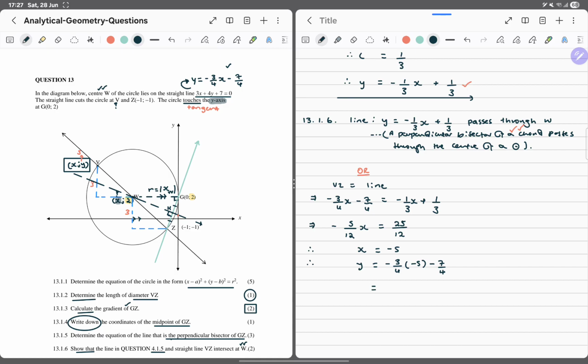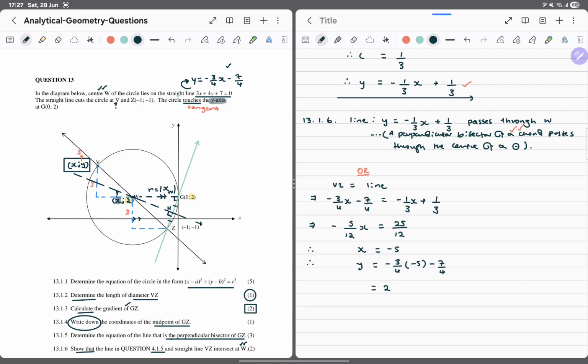Now this becomes 15 over 4. Now 15 minus 7 is 8. 8 divided by 4, that's a 2. So can you see?